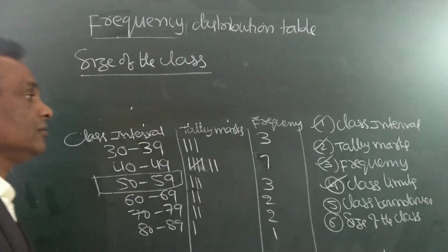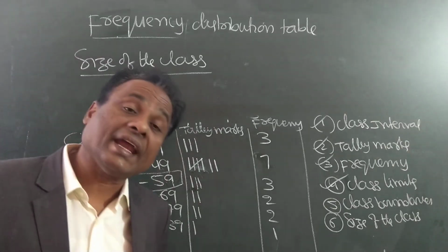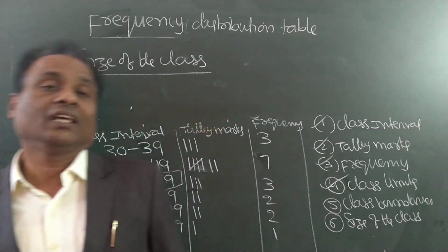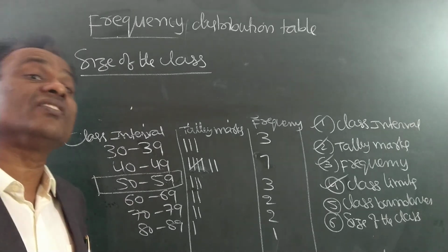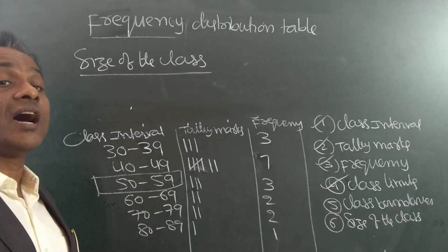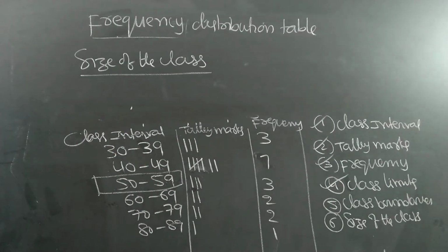The difference between upper and lower boundaries of a class is called the size of the class.